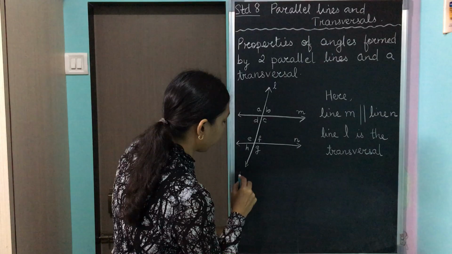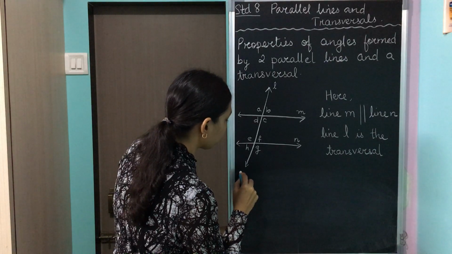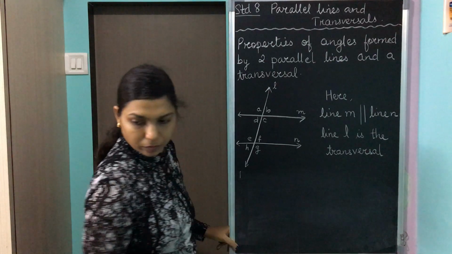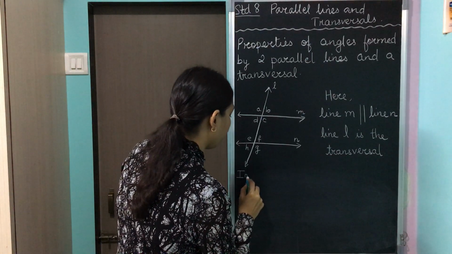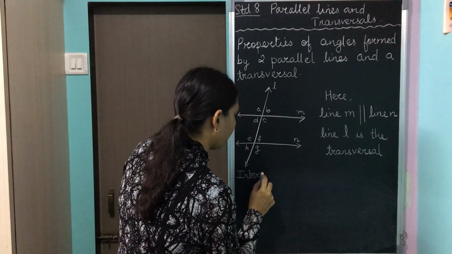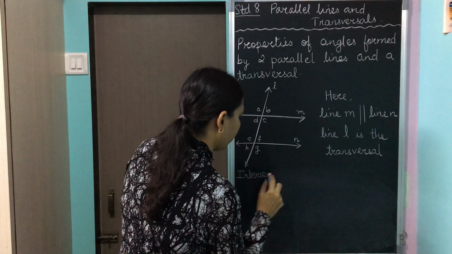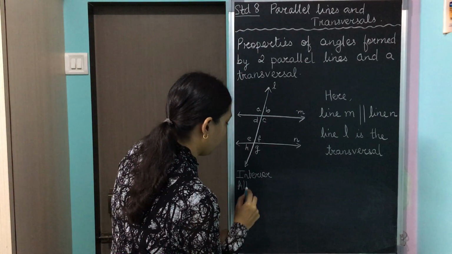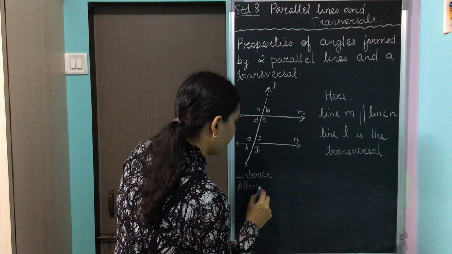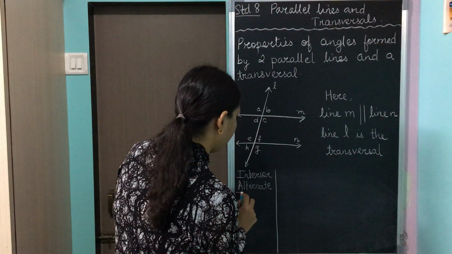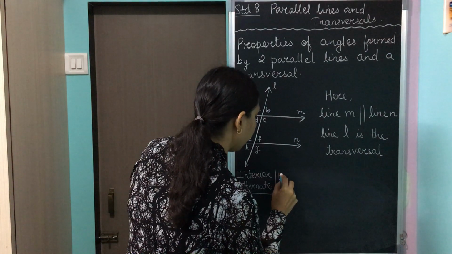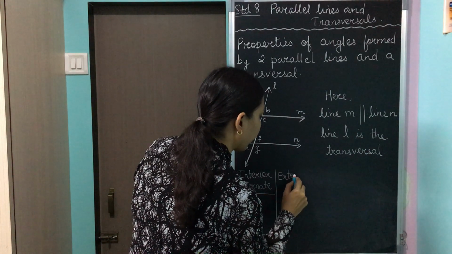First we will write down the interior alternate angles, and then we will write down the exterior alternate angles.